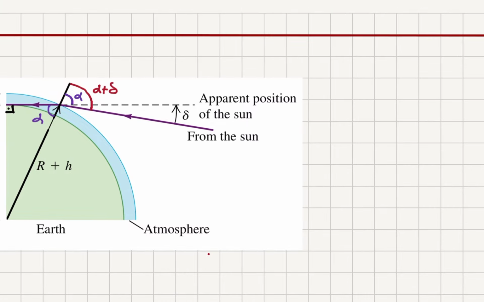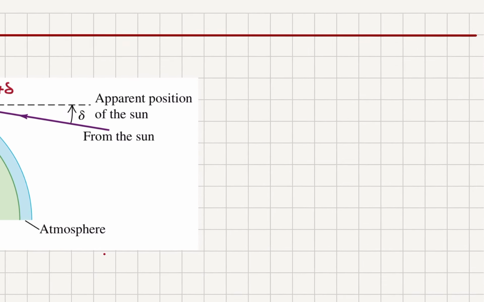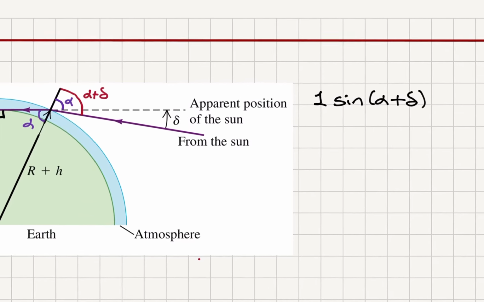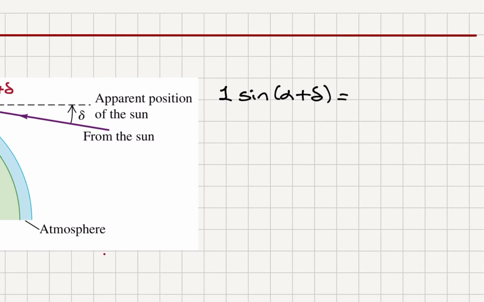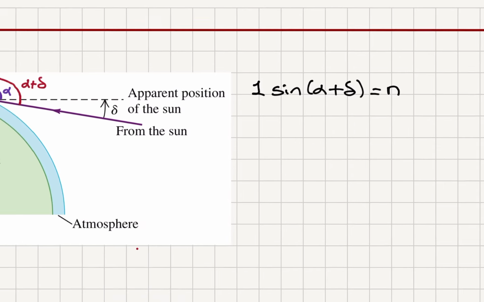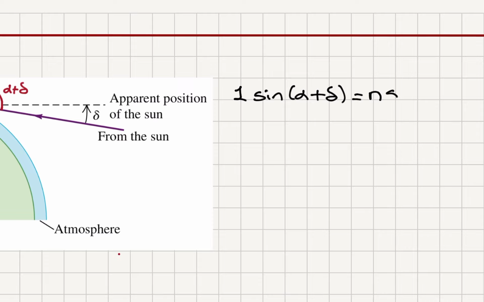we have the light coming from the vacuum, the universe. So the index of refraction is 1, times sine of alpha plus delta, the angle of incidence with respect to the normal, is equal to the index of refraction of the atmosphere, which we're assuming a uniform material, times sine of the angle of refraction, alpha, so n sine alpha.